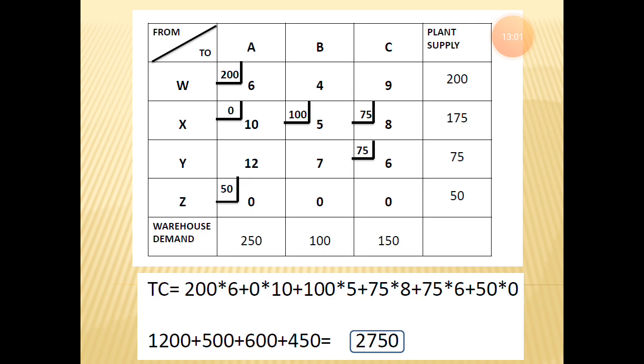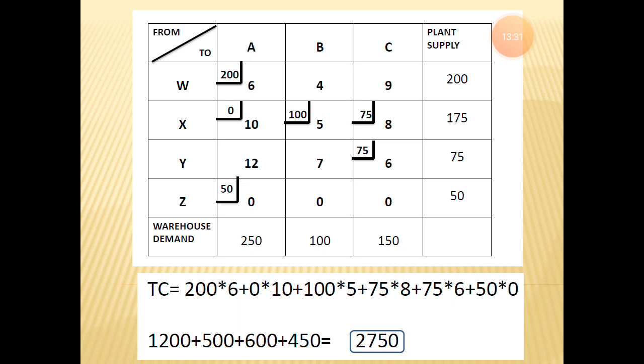One hint I'll give. After adding all the allocations in the W station, you should get the total allocation, that is 200. You come to the X station, 100 plus 75, it is 175. Come to the Y station, the total allocation is 75, and the Z station is 50.